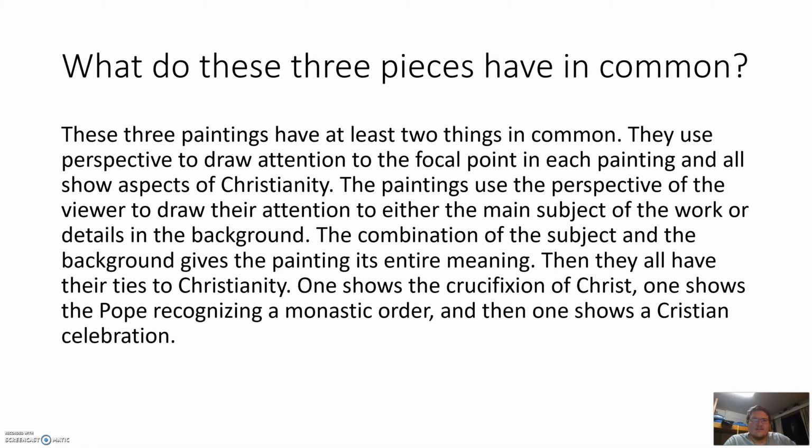use these perspective tools to help us gain the full meaning of each work. Rather than just focus in on the subject, we're able to gain a larger sense of what's going on from being able to connect with what's going on in the background of what's being focused on within the subject.